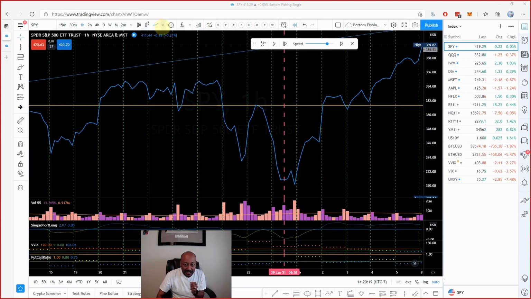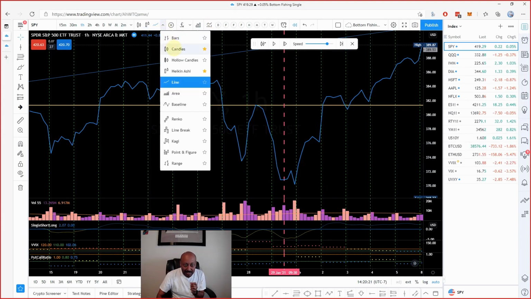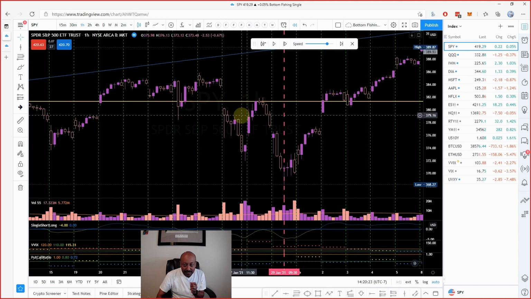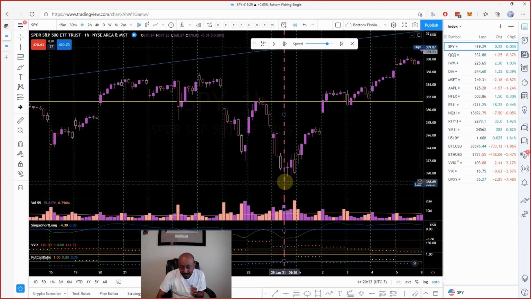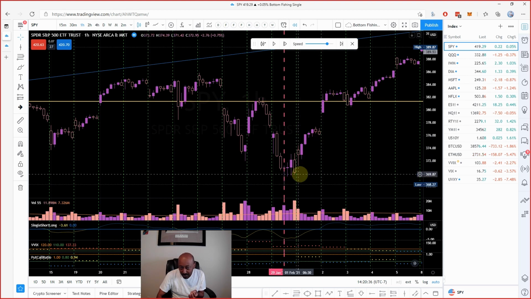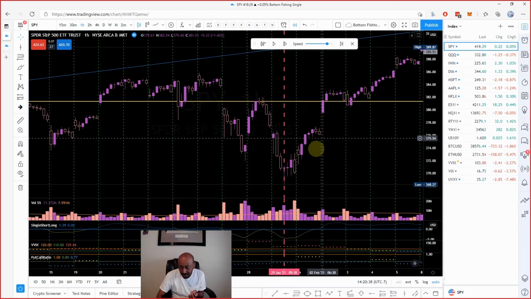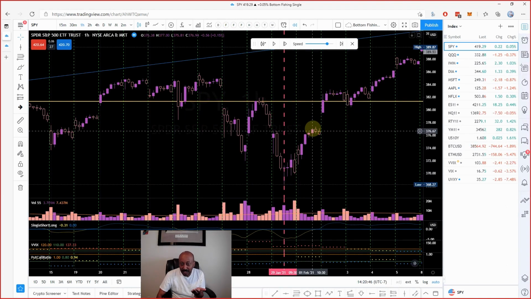The idea is, as a structure, whichever bar is the highest is your high, whichever bar is the lowest is your low. And here, when you make a new low, you can clearly see it's a higher low. And you can clearly see this is a higher high.